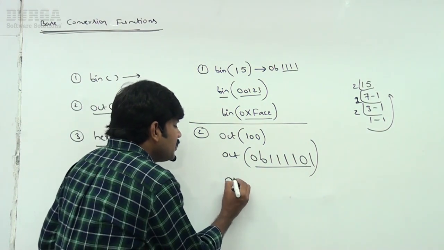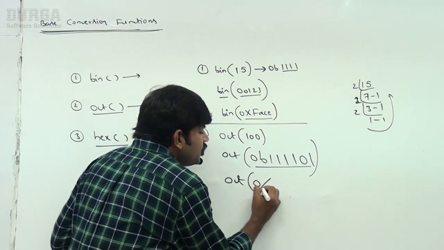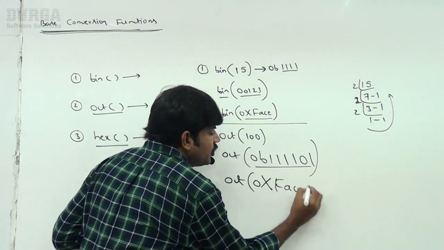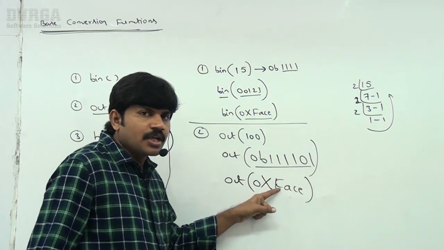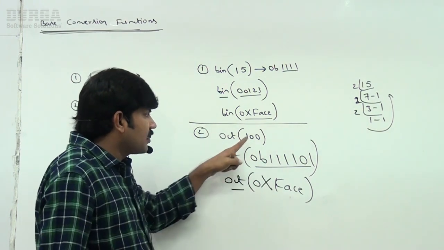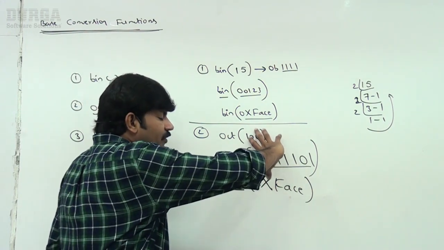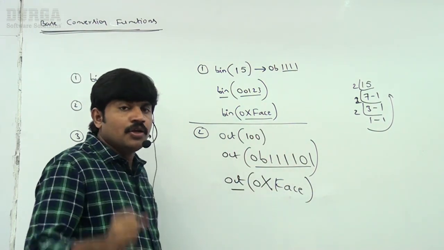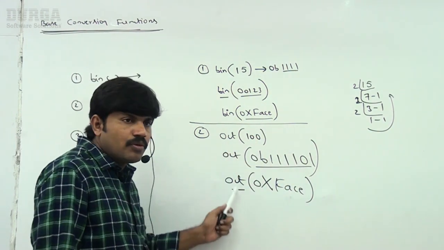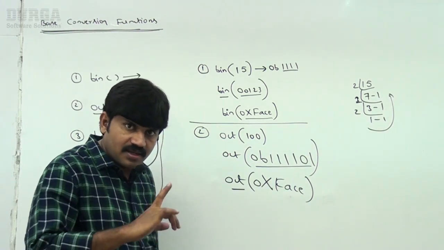Oct of 0xface, a hexadecimal number, can you please convert it into octal? A binary number, a decimal number, can you please convert into octal? So to convert from any other base to octal, we need to go for oct itself. Clear for all of you?